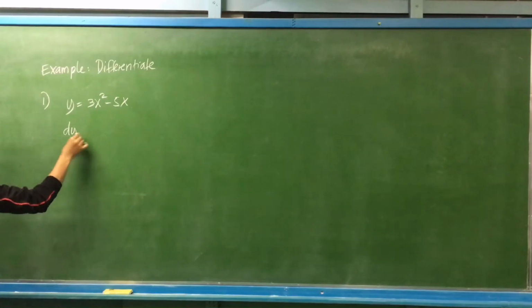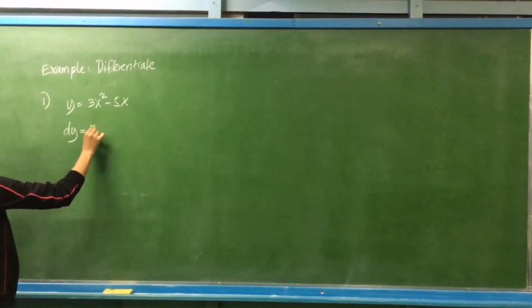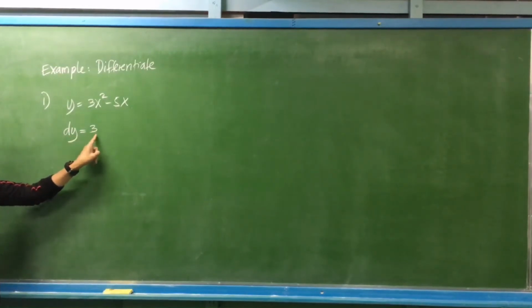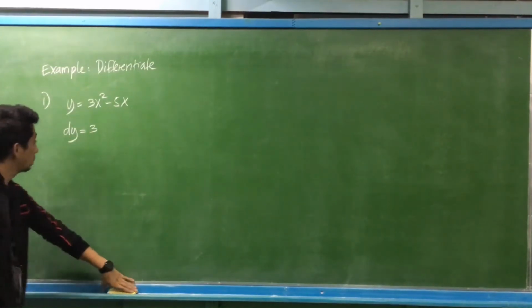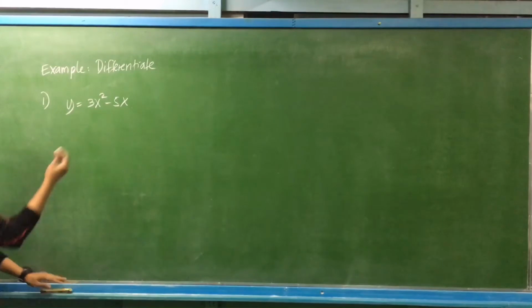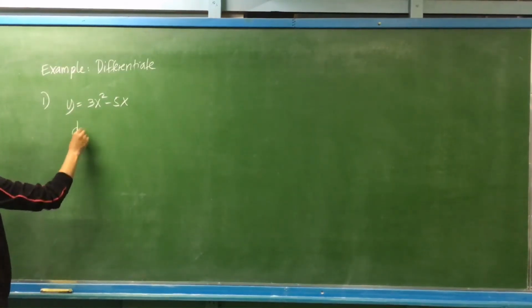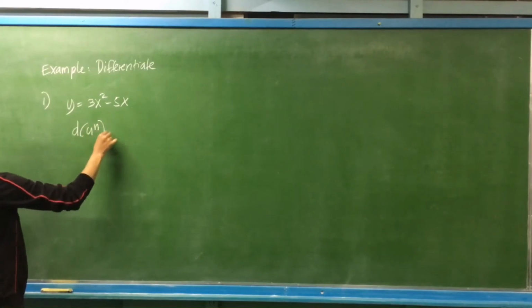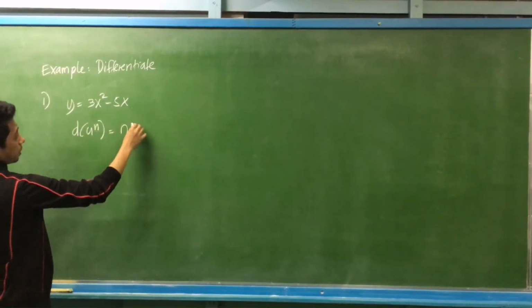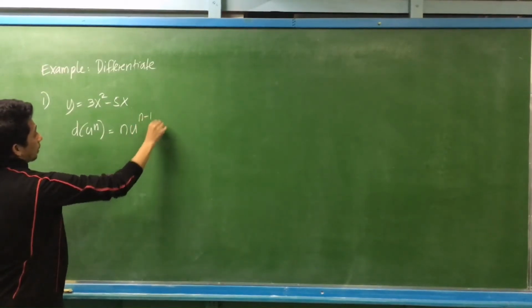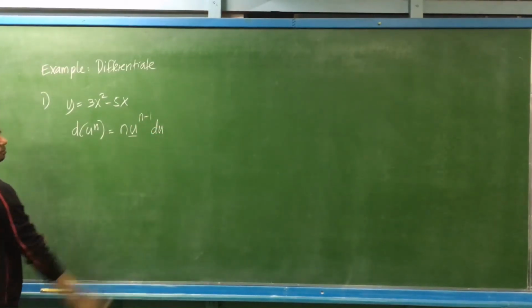We have dy is equal to, you may directly isolate your constant, then apply the power rule, or the derivative of a function to the n power. That is, your derivative of u raised to n is the same as bring down the exponent, your base, your exponent minus 1, multiplied by the derivative of your base.